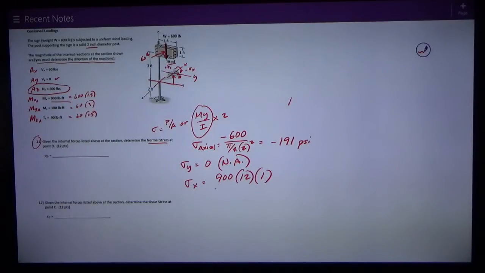And then I need the moment of inertia about the x-axis of a circle, and that is just pi over 4 r to the 4th. The radius is 1, to the 4th power. And this is compression, so it's a negative stress. So I run the numbers and I get negative 13,750.